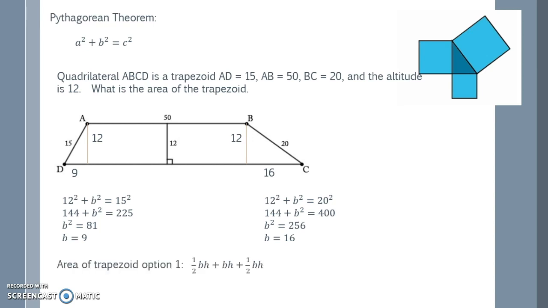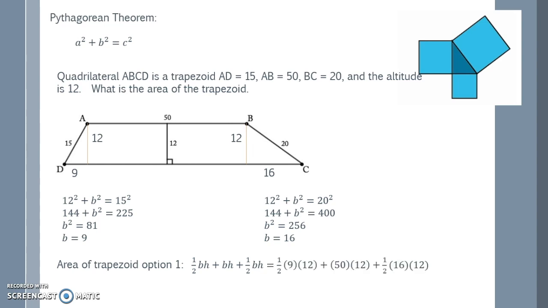We have 2 different options that we could use. We could decompose our trapezoid into 2 triangles and a rectangle and add their areas together, since finding area is additive of composite shapes. So the area of this trapezoid could be the area of the triangle on the left plus the area of the rectangle plus the area of the triangle on the right.